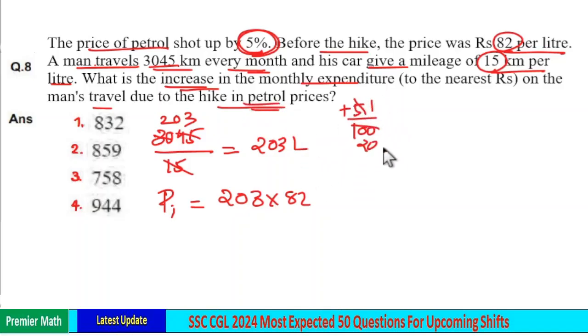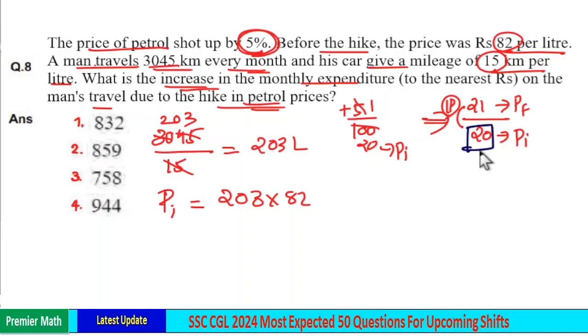Here 20 parts is the initial price, that is, he has to pay 20 parts. Finally it is increased by 1 part, that is 20 plus 1, 21 parts he has to pay. That is the final price of petrol. Now the difference is 1 part. So we have to find what is 1 part here.